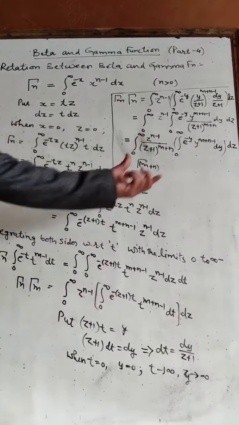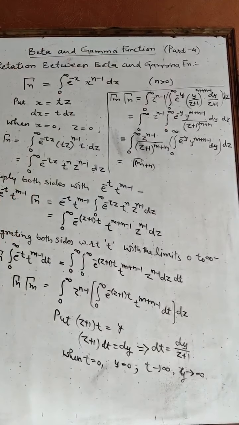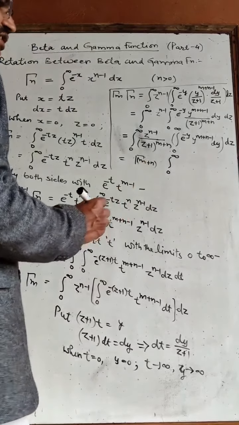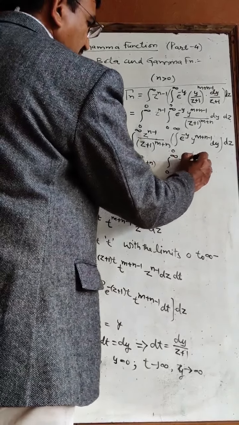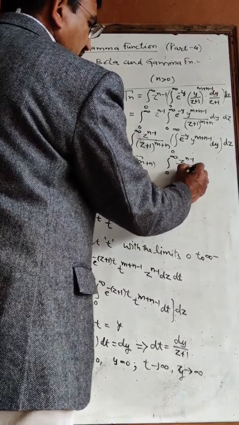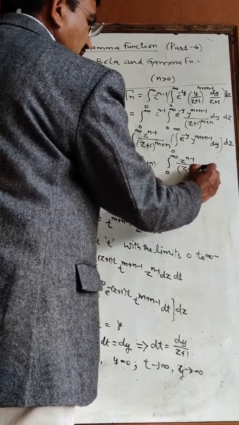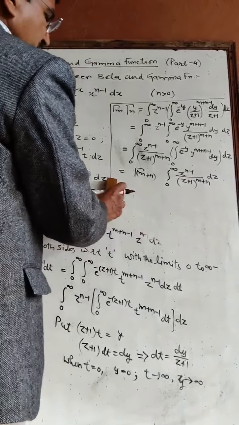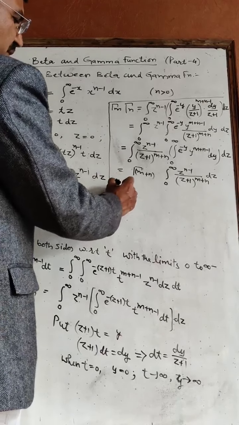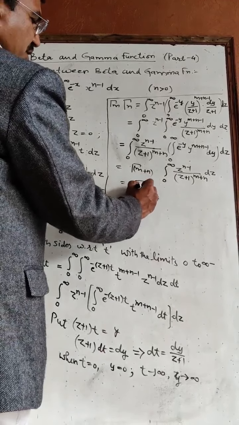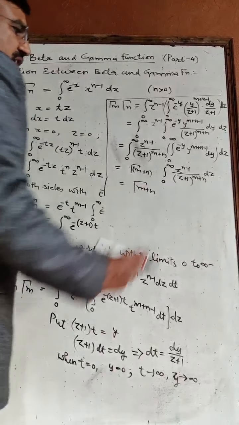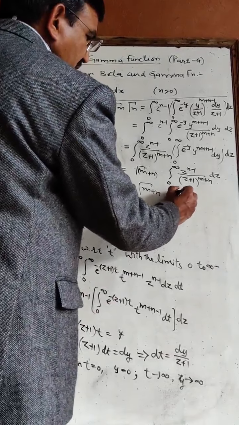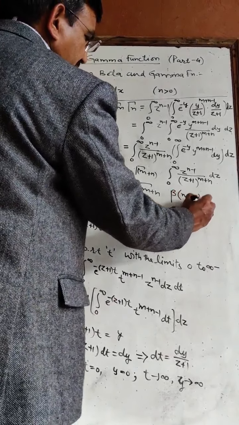Then this is gamma of m plus n, and we will be left with the integral from 0 to infinity of z raised to the power n minus 1 over (z plus 1) raised to the power m plus n dz. And we know, by the second definition of the beta function, it is the second form of the beta function, and this is beta of m, n.